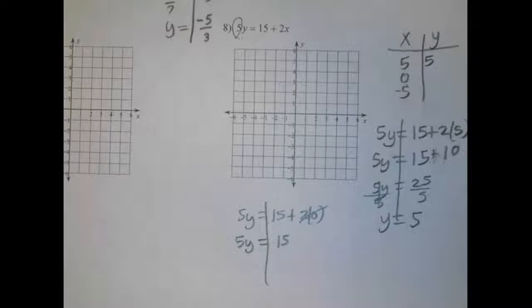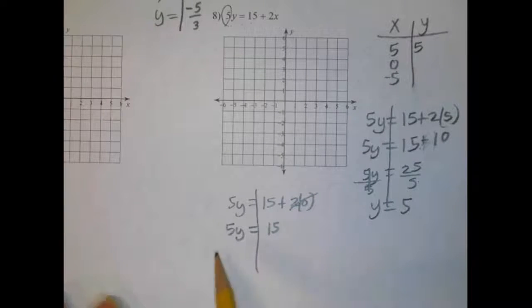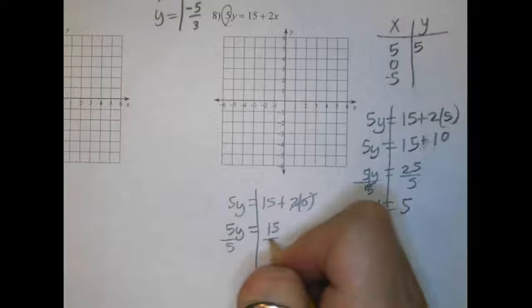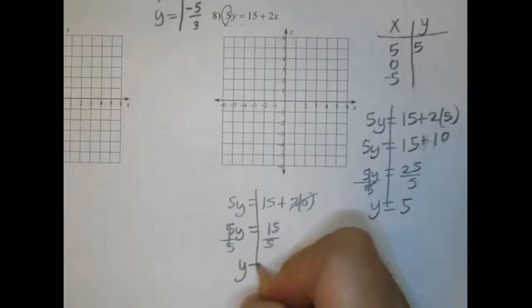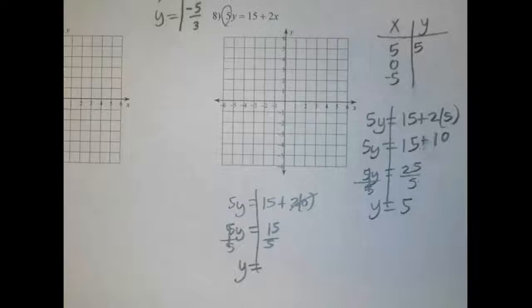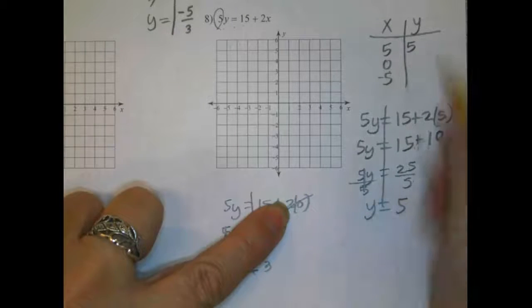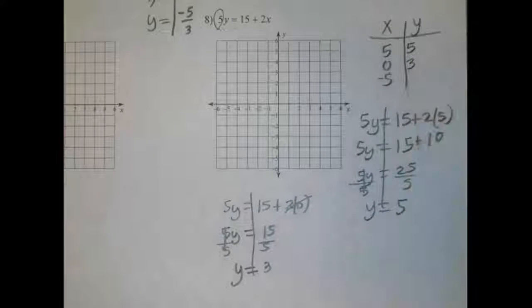I don't have to combine like terms because it became 0. But I can do this next step. What's my next step? Again, dividing both sides by 5. So y is now equal to what number? 3. Thank you, Eddie. So when x is 0, y is 3.